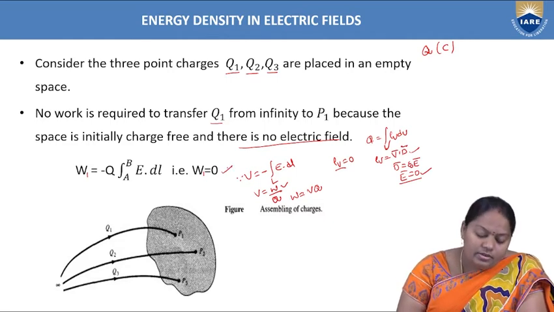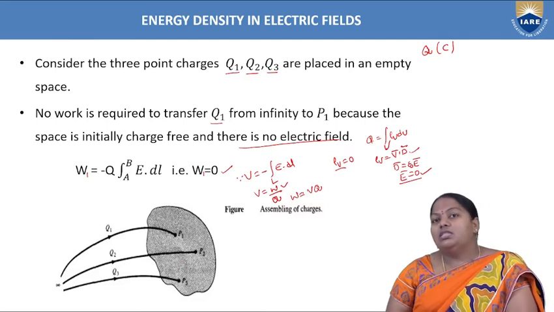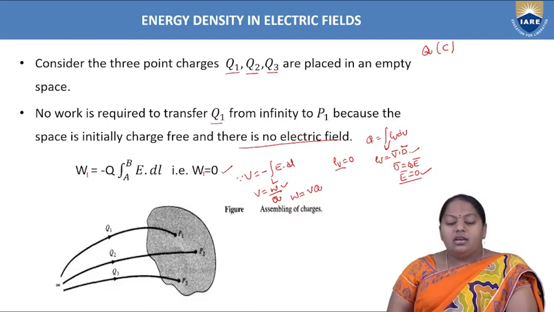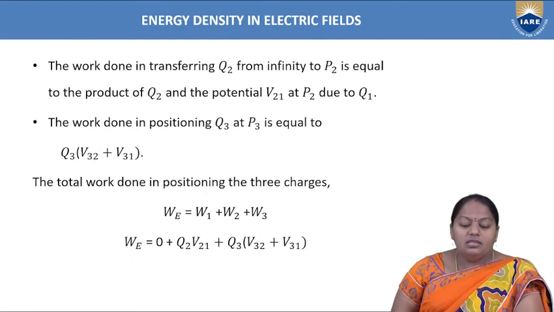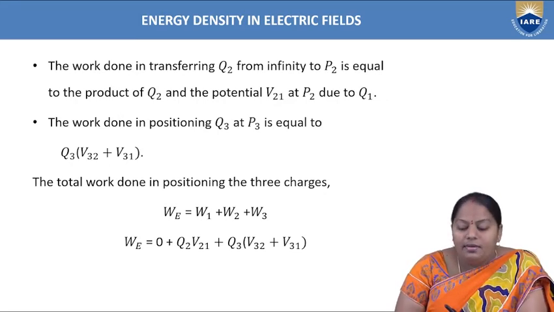Now similarly, in order to assemble this charge Q2 from infinity to P2 and this charge Q3 from infinity to P3, we must consider similar analysis. The work done in transferring Q2 from infinity to P2 is equal to the product of Q2 and the potential V21 at P2 due to Q1.